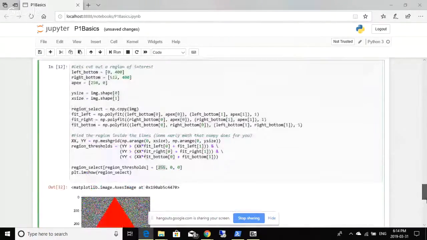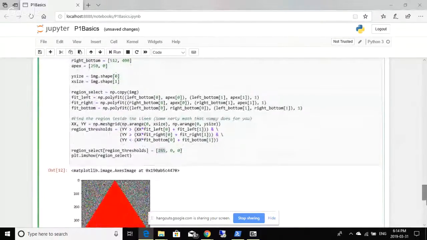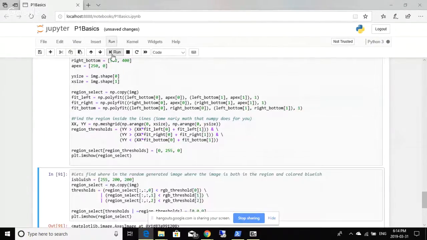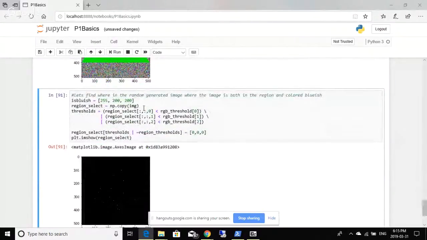Not sure about rerunning it, but let's try to rerun it. Green. All right, so there's a situation where I can combine these. So we already defined the polygon here.